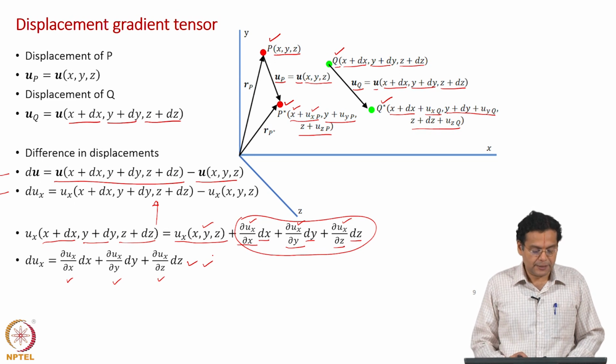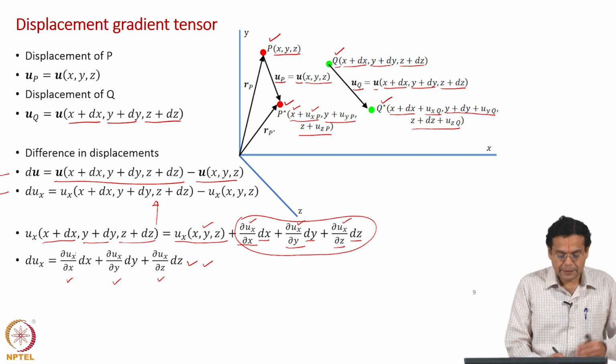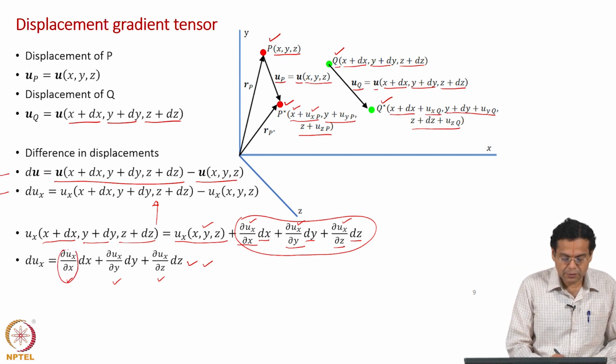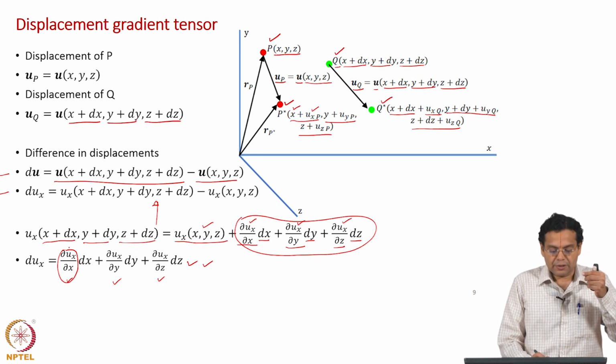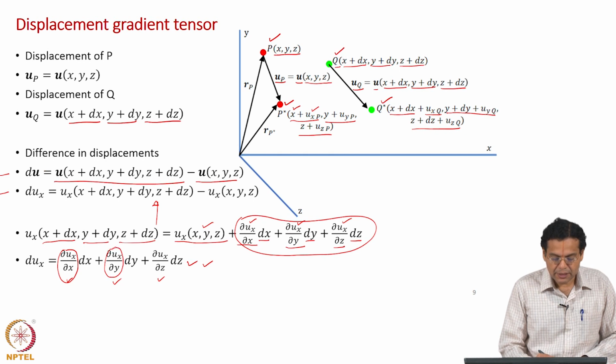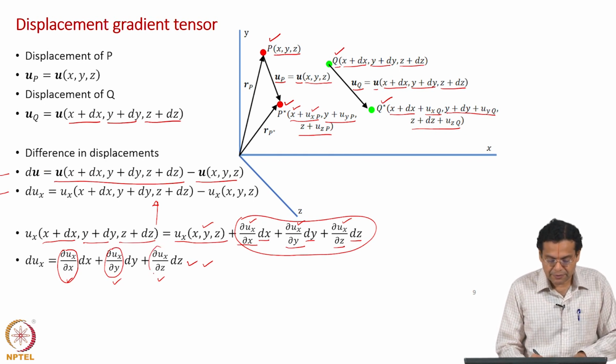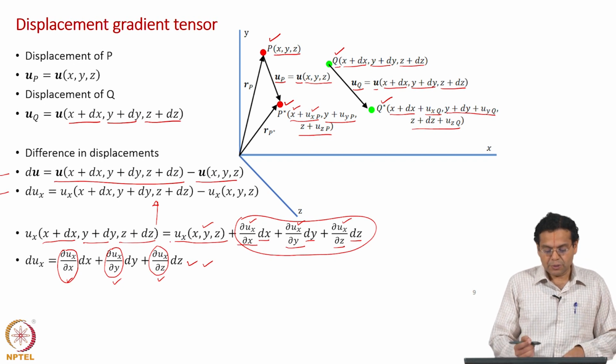What do they represent? This x displacement is a function of x, y and z; u x varies with x, y, z. The first partial derivative takes into account variation of u x in the x direction. The second partial derivative takes into account variation of u x in the y direction. The third derivative takes into account variation of u x in the z direction.